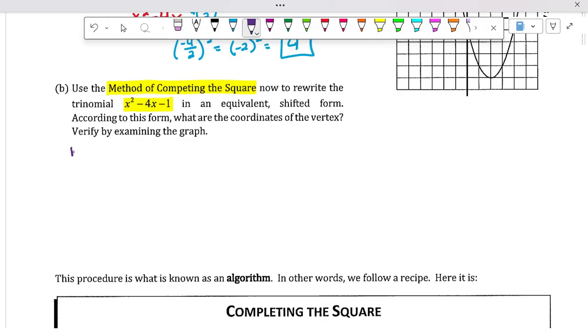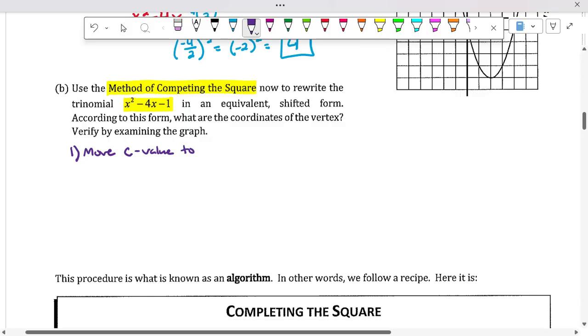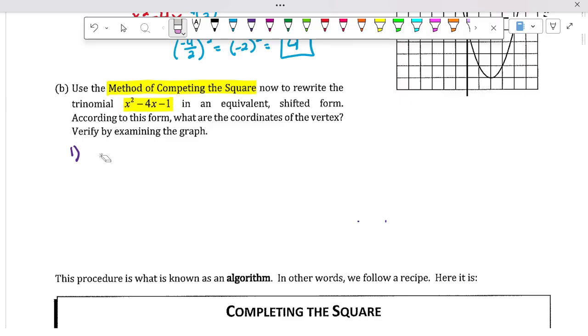So here's the first step. Step 1: set trinomial equal to 0.